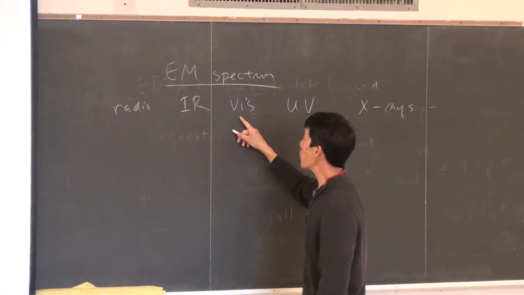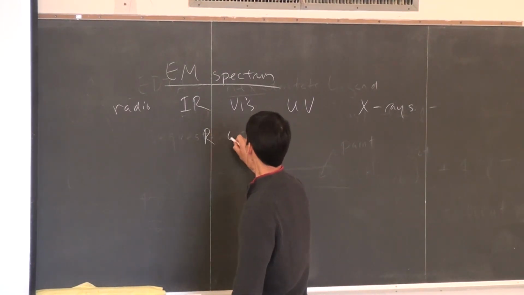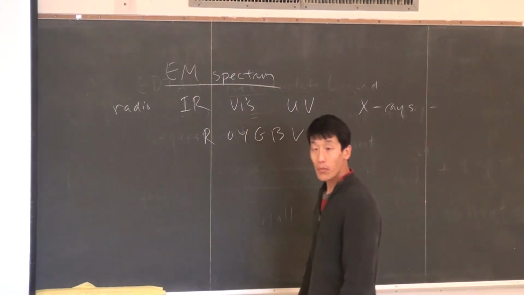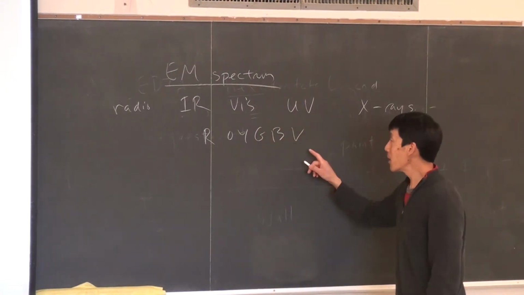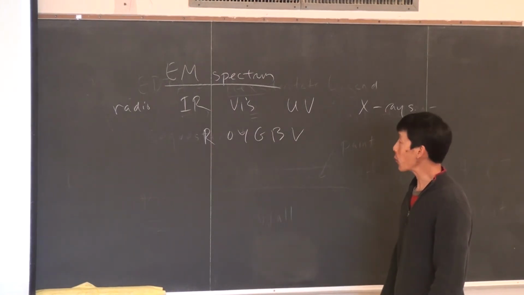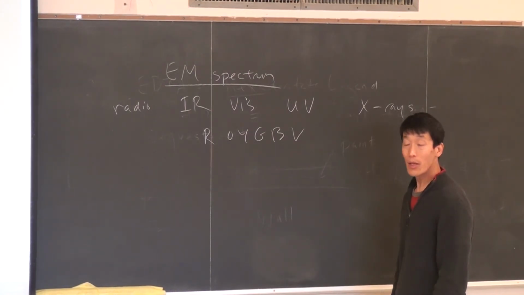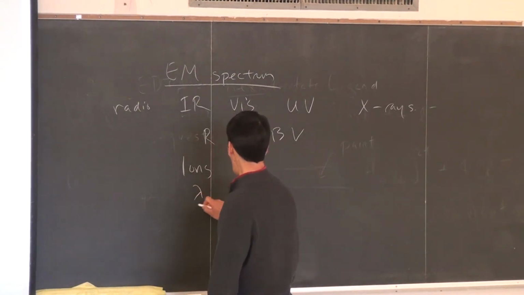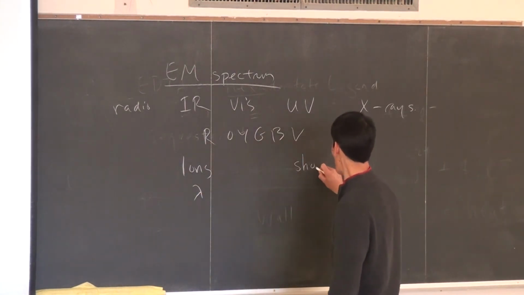So in the visible, we go from red, orange, yellow, green, blue, and violet. Now, which one has the longer wavelength, red or violet? Red. Yeah, so this has a longer wavelength, and then violet has a short wavelength.